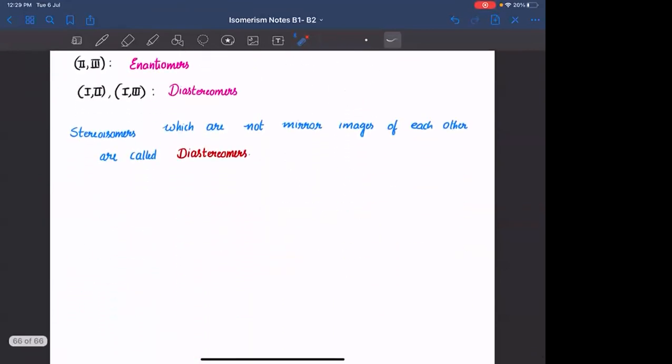Yes, sir. Okay. I can give another example for diastereomers. Geometrical isomers को भी मैं diastereomers बोल सकता हूँ. Like if I take this molecule, what is this? This is cis, right? If I'm seeing the trans form of it, are these two mirror images of each other?